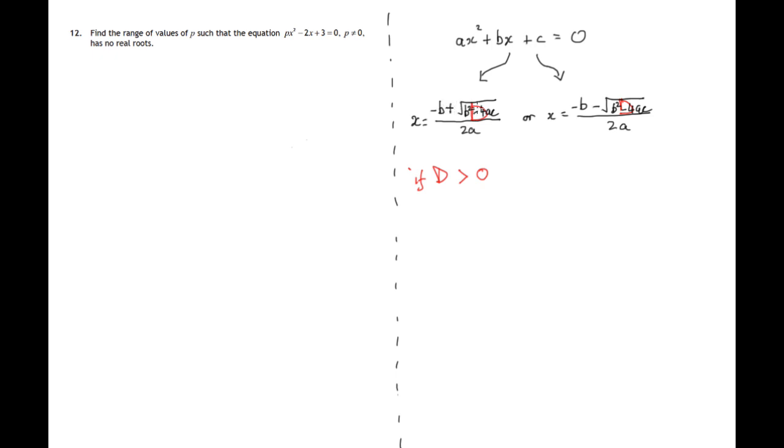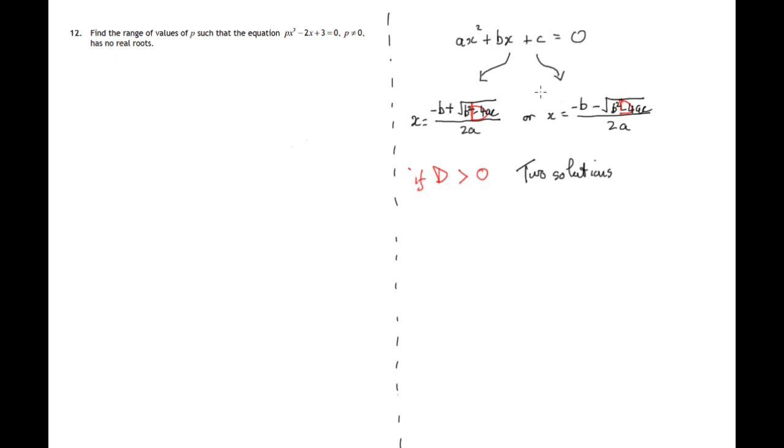You get minus b plus 3 all over 2a, and minus b minus 3 all over 2a. You'd certainly get two different values for x. So if the discriminant is positive, then you will definitely get two solutions. They'll be different, normal, real numbers.